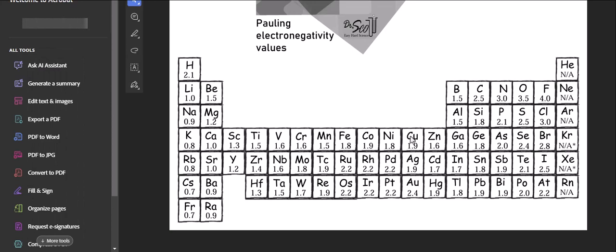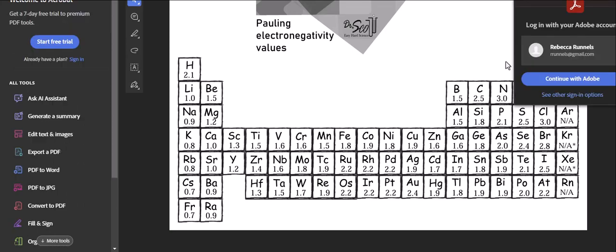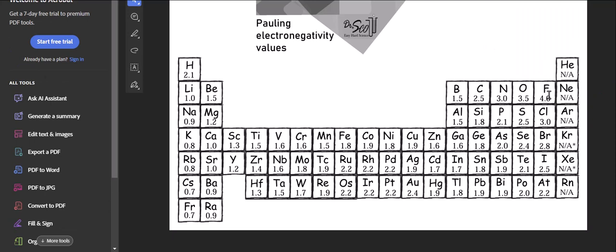And so here, when we look at our table of electronegativities, we can see that fluorine is 4.0, oxygen is 3.5, and chlorine is 3.0. So we know that oxygen has a higher electronegativity than chlorine.